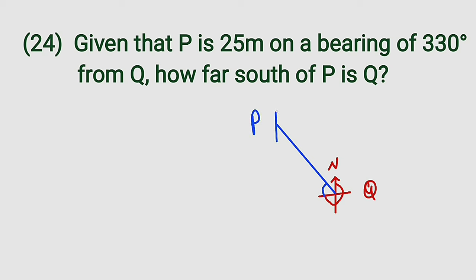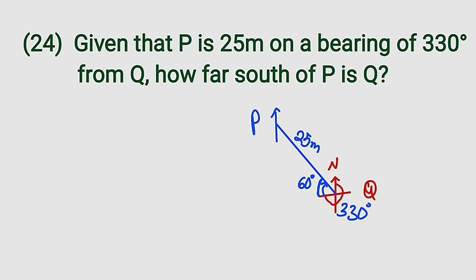So this is point P. And it stated that from P down to Q is 25 meters, and this is 330 degrees. But only this angle right here is 60 degrees, because I told you from this down, this is 270.